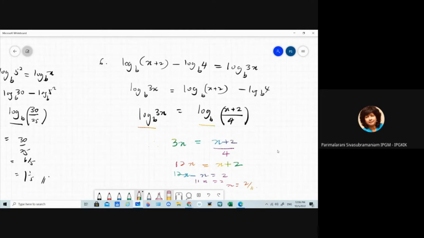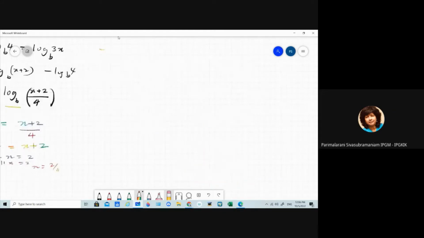Okay, question 7. Log 8 plus log x squared. So when we see a plus there, you know we can combine it.